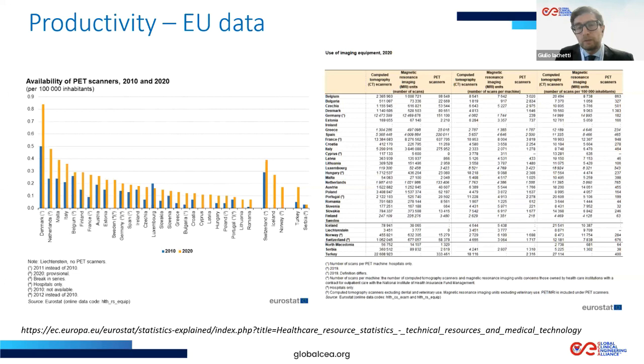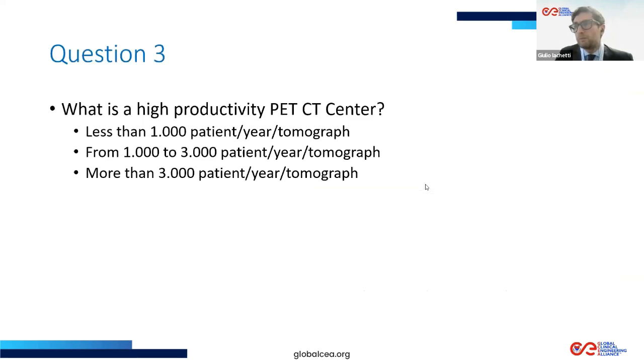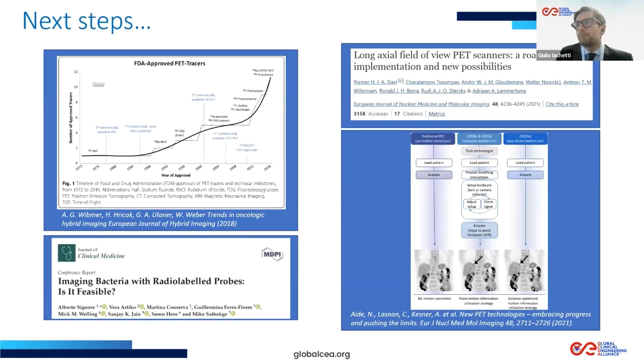Under 1,000 there is a low level of productivity. Just to give you some insight about the productivity of this kind of PET-CT center. Here is just to give you an insight about the next step.